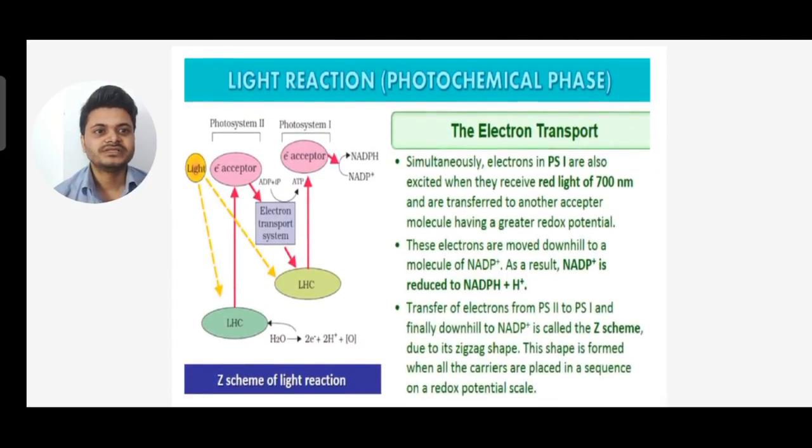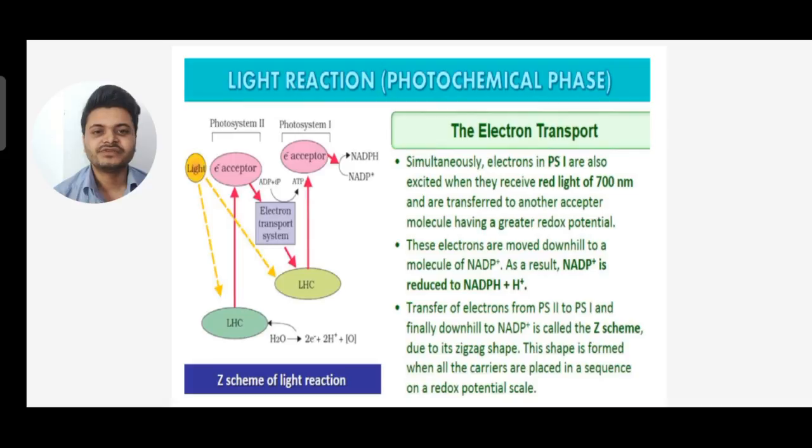Simultaneously, electrons in PS1 are also excited when they receive red light of 700 nanometer and are transferred to another acceptor molecule having a greater redox potential. These electrons are moved downhill to a molecule of NADP plus. As a result, NADP is reduced to NADPH and hydrogen ion.